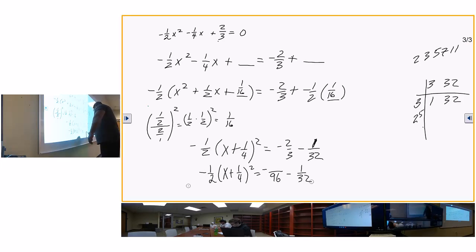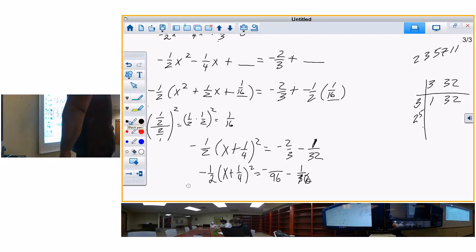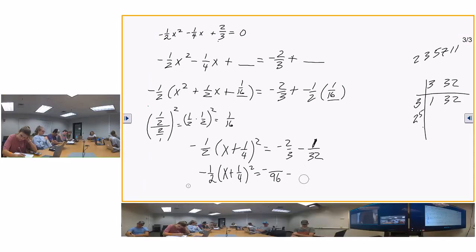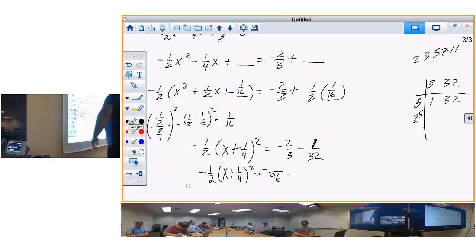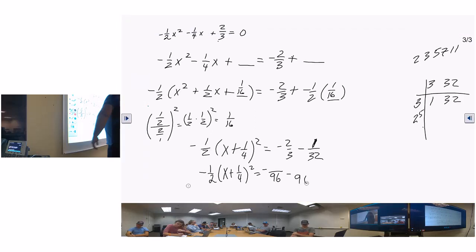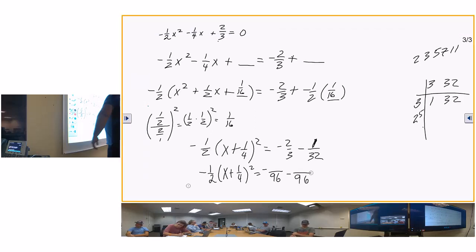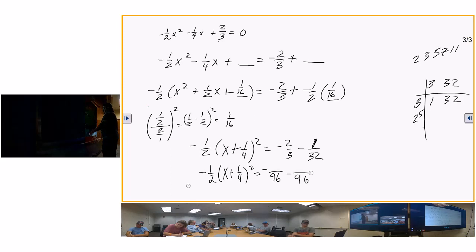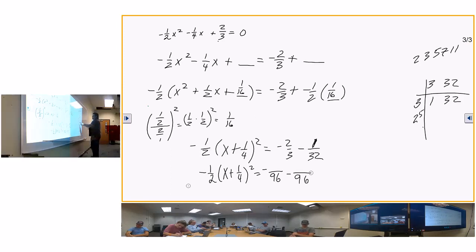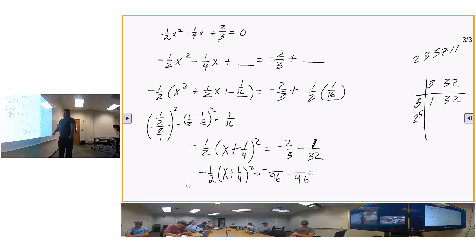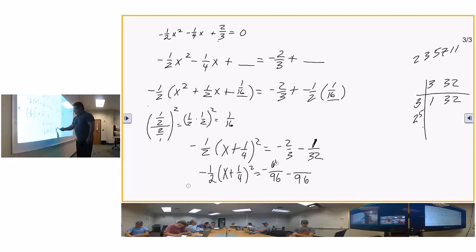We got to change both of them, sorry. Got to get a common denominator. Again, we're still doing real simple math. Just because you don't know how to do it don't mean it's not simple. 3 into 96, how many times? 32 times. 32 times 2 is what? 64. 32 will go into 96 3 times. 3 times 1 is 3.